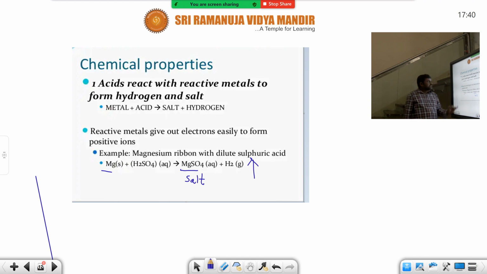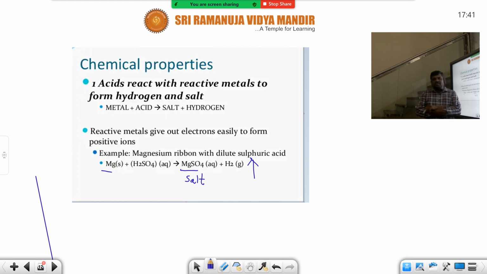Again, these are some of the properties of acids. How can we prepare acids? Non-metal oxides dissolve in water to form acids. What are non-metals? Elements are classified into three types, as you know very well: metals, non-metals and metalloids.